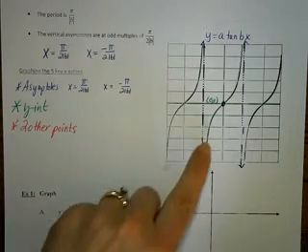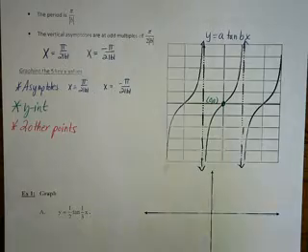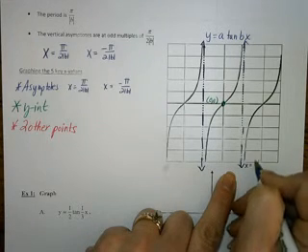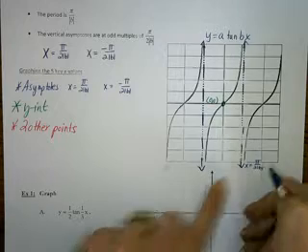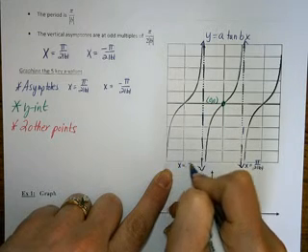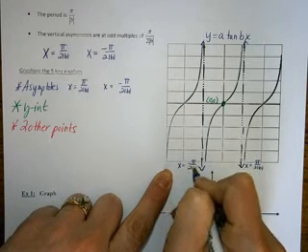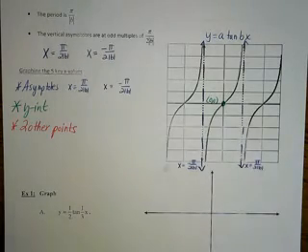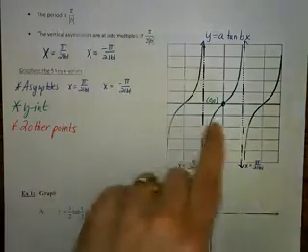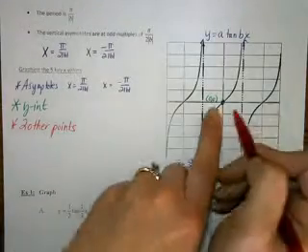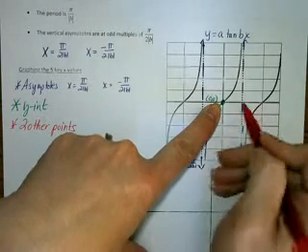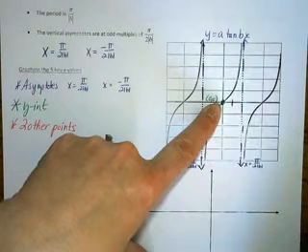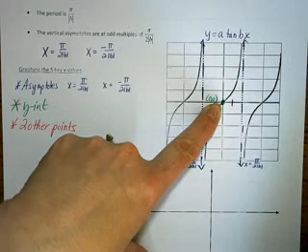Okay? Now, here I am at my asymptote. I was at x is equal to pi over 2 absolute value b, and here I'm at x is equal to negative pi over 2 absolute value b. So what I'm going to do is go halfway in between 0, 0 and my asymptote.